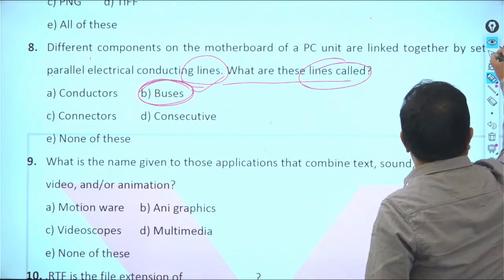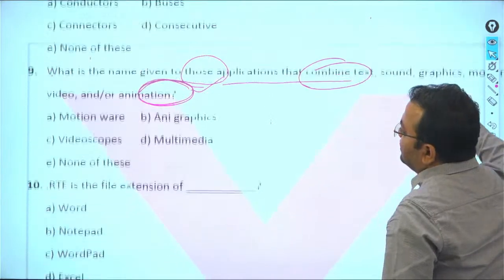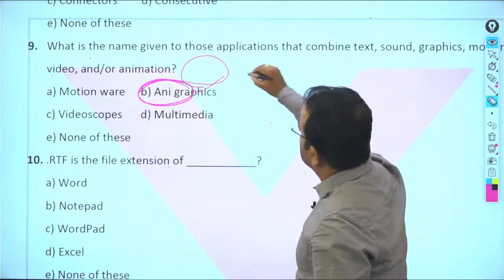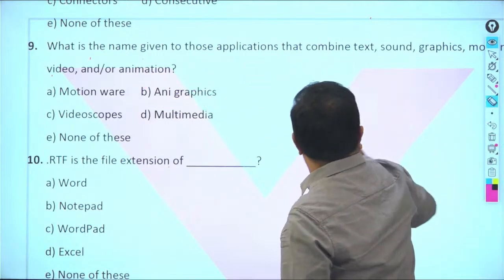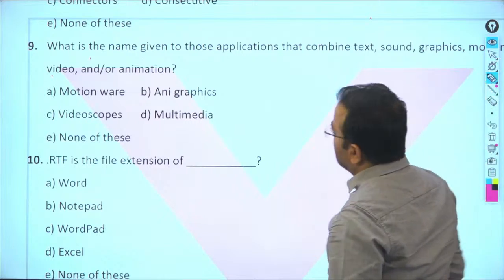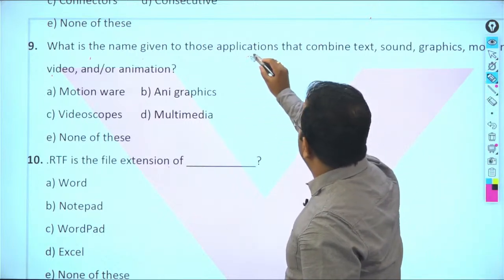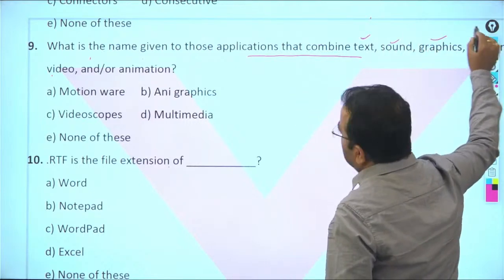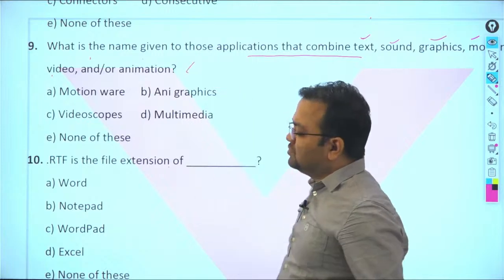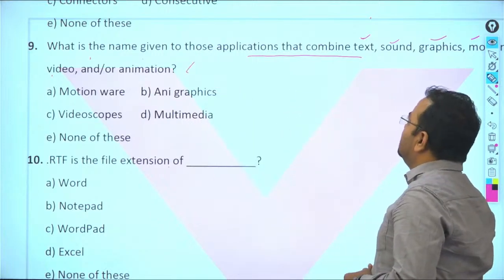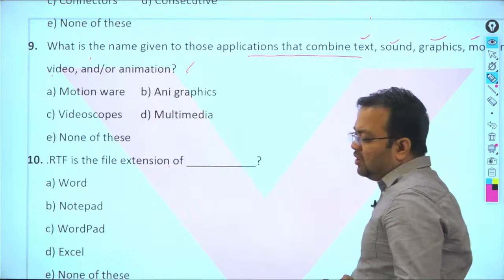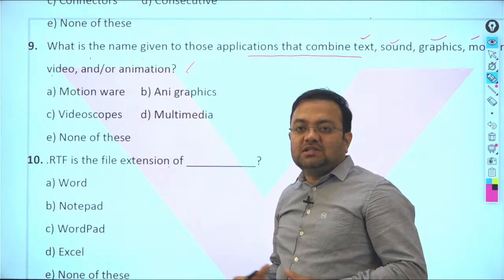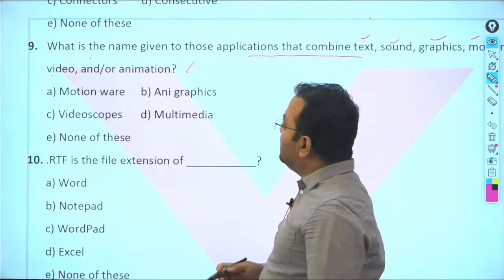Then goes to question number 9. In question number 9, what is the name of those applications that combine text, sound, graphics, moving video, animation? So students remember, the integration of text, sound, audio, video, animation forms multimedia applications.